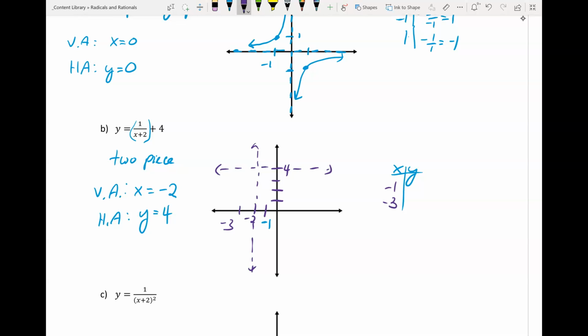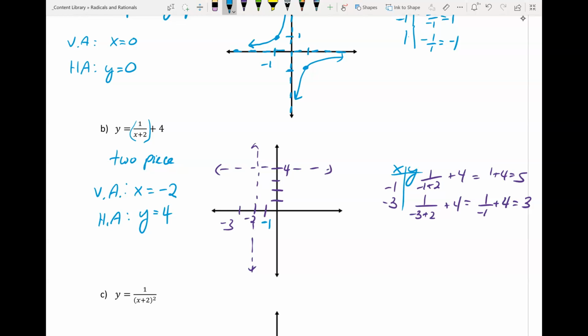Okay, so if I plug in -1, I'm going to get -1 plus 2 in the denominator, which is 1, plus 4, and that's 5. Then for -3, I'm going to get 1 over -1, plus 4, which is 3. So those are our points.